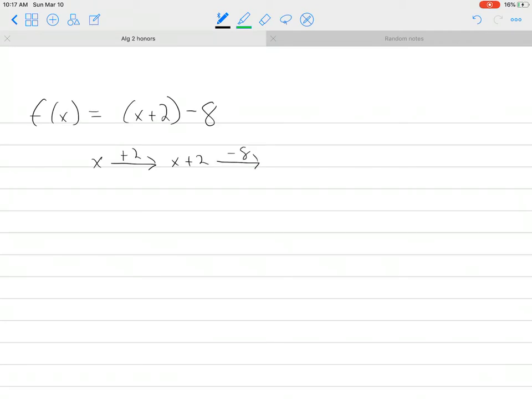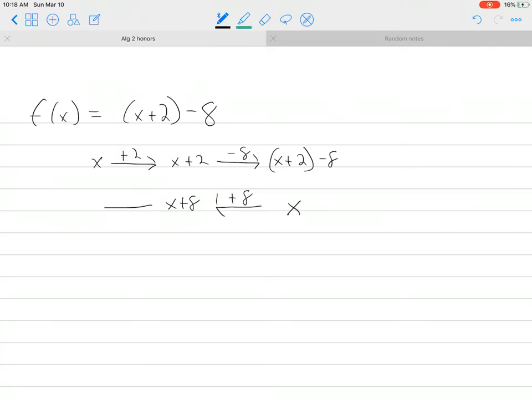You subtracted 8, which gave you x plus 2 minus 8. Oh, this is super simple, right? So now we have x. I'm going to undo it. You're going to add 8, which gives me x plus 8.